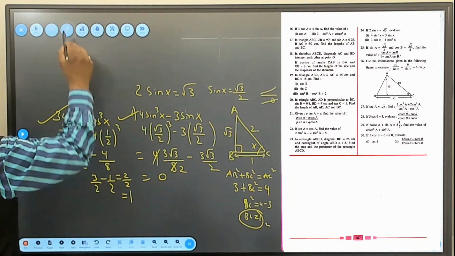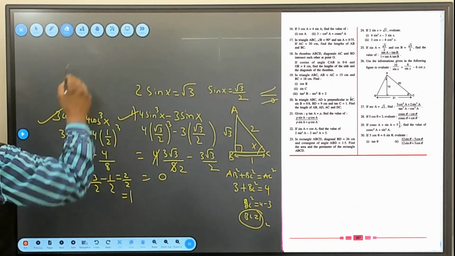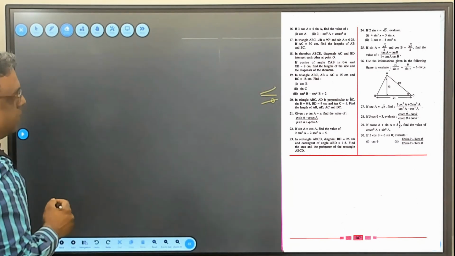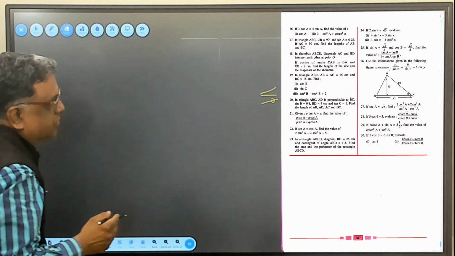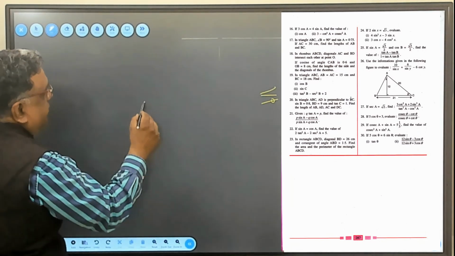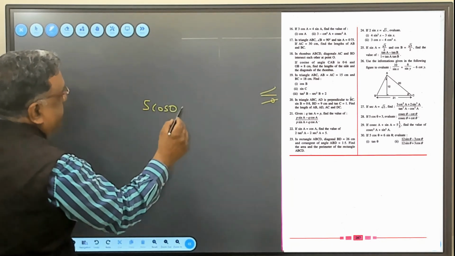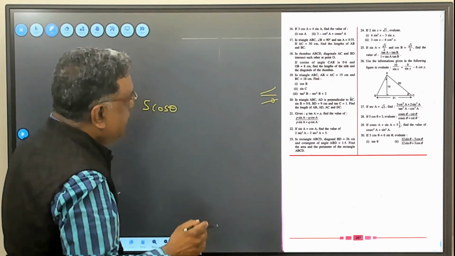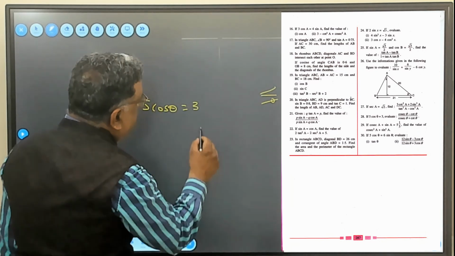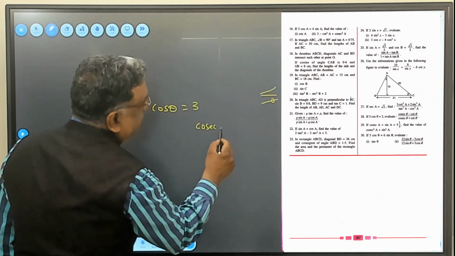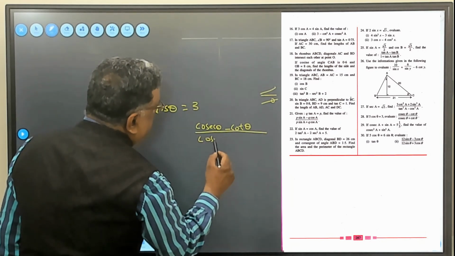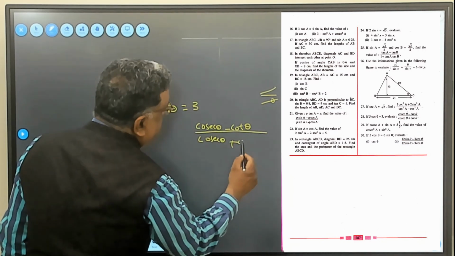What have they asked in that? The question says 5 cos theta is 3. Then you need to evaluate the value of cosec theta minus cot theta upon cosec theta plus cot theta.